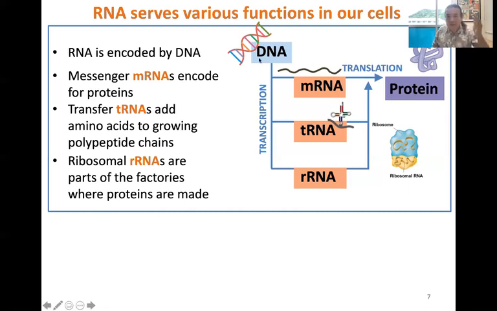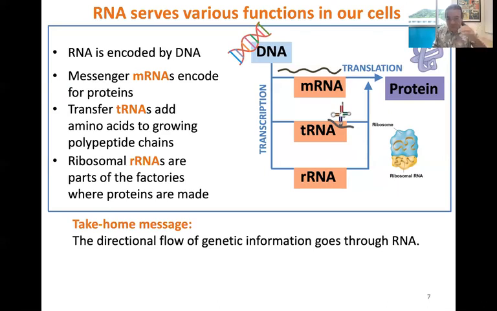So there are 2 stages in this picture in which information is being converted to a different form. When DNA is being converted into RNA, that is the process of transcription. When mRNA is being read and converted into a chain of amino acids to make a protein, that is the process of translation. So the directional flow of information goes through RNA.